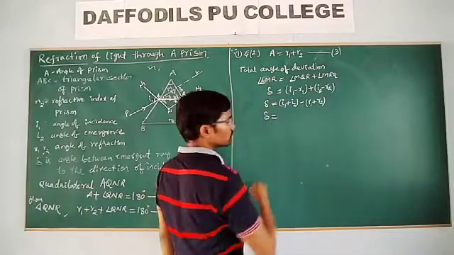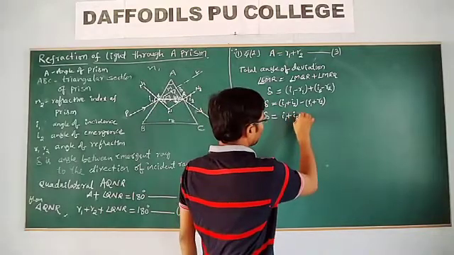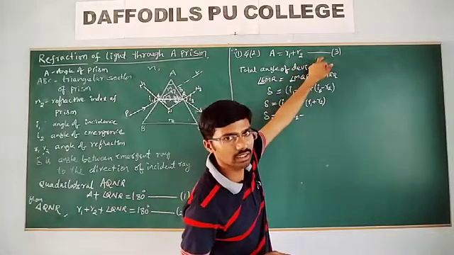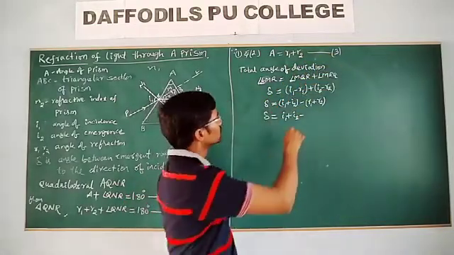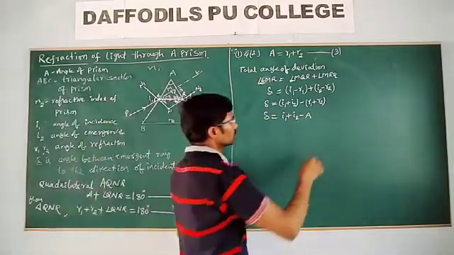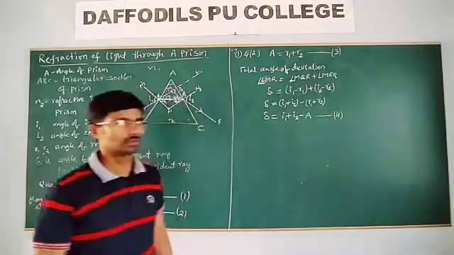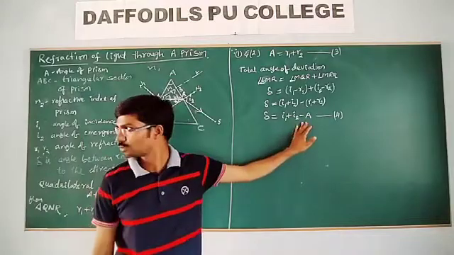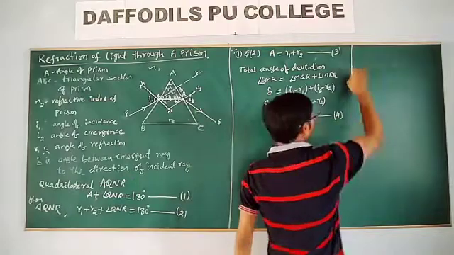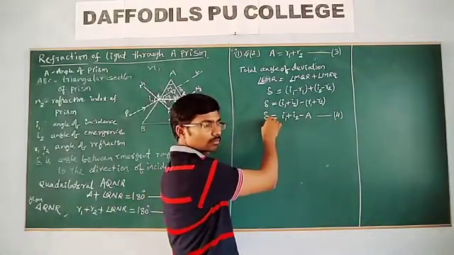Therefore, delta is equal to I1 plus I2 minus R1 plus R2. From equation 3, R1 plus R2 is equal to A. Let us take this as the fourth equation: delta is equal to I1 plus I2 minus A. This is a very important expression.